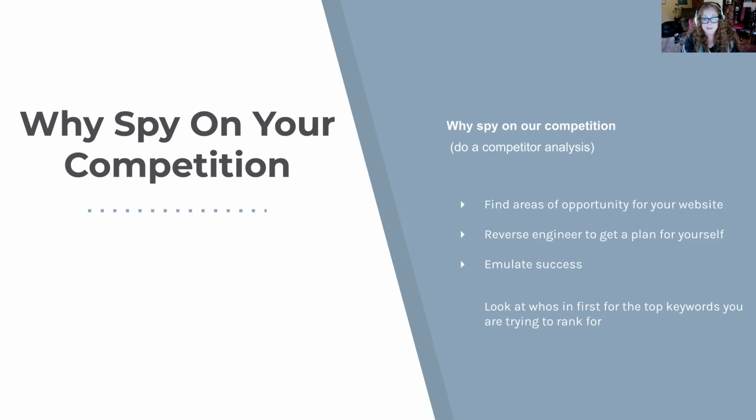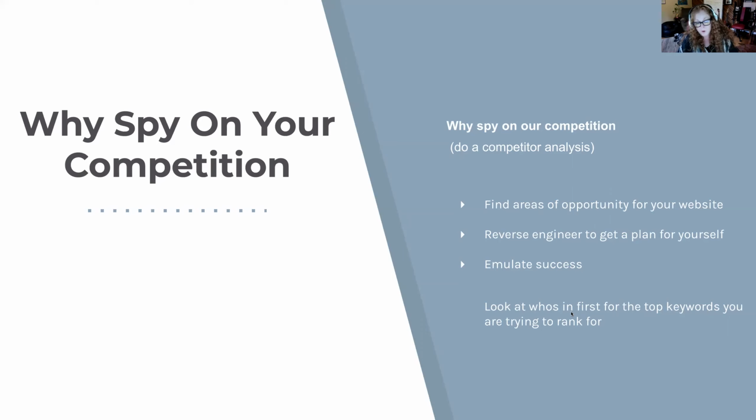So we're trying to find areas of opportunity. We're trying to reverse engineer what somebody else is doing to plan for our own success. And we want to emulate success because we know it works. So that's why as SEOs, we pay attention to the big players that are teaching because they gather data.